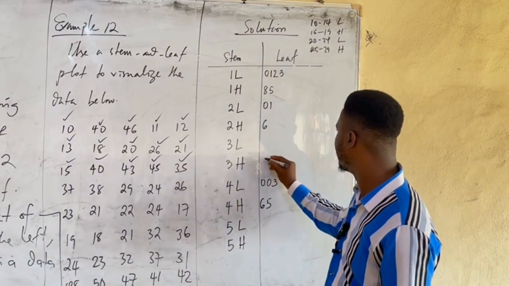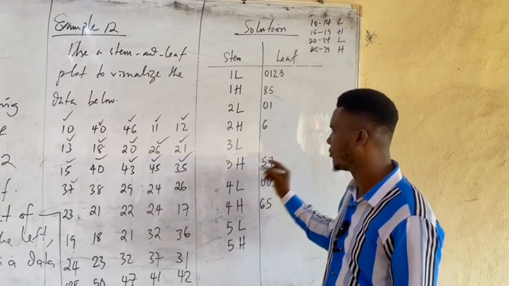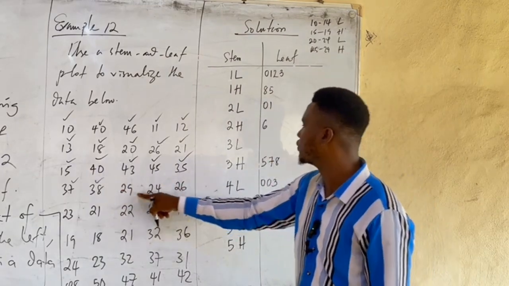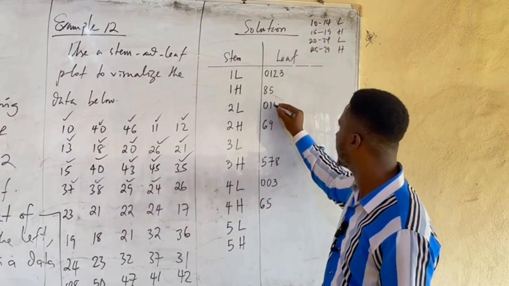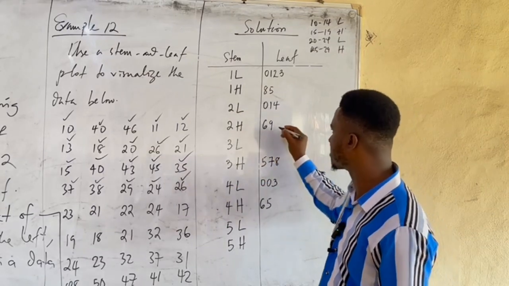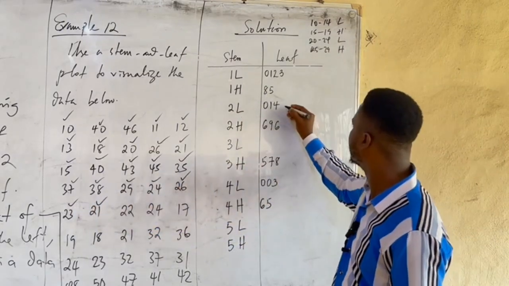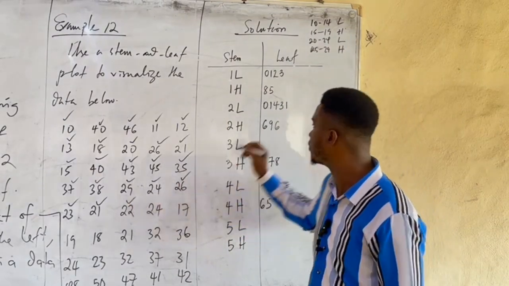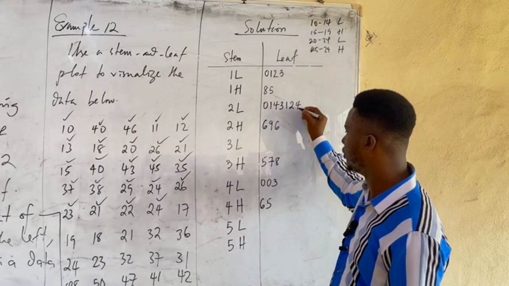35, 37, 38, then 29, 24, 26, 23 and 21. Right? 22, 24. You see it?